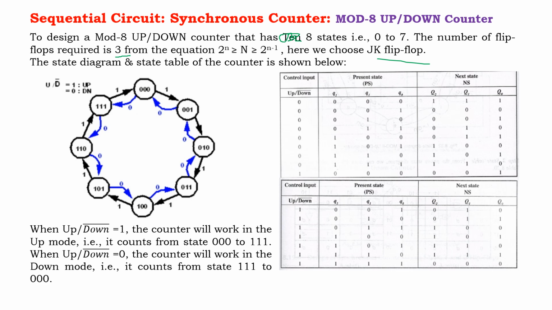Then the state diagram. Here there is a control input that is called M, which is equal to up and down bar.